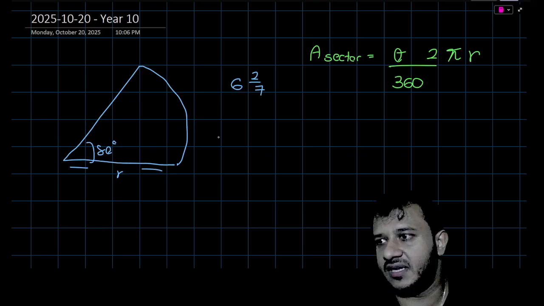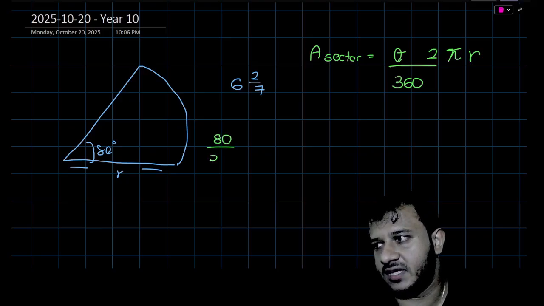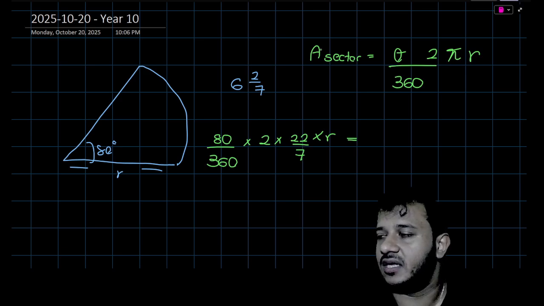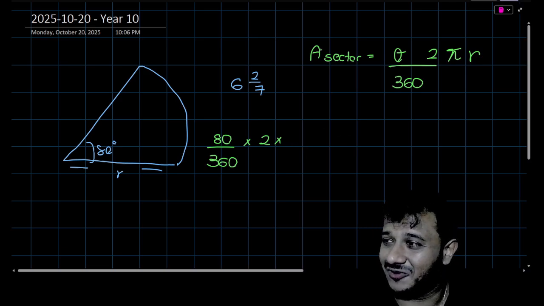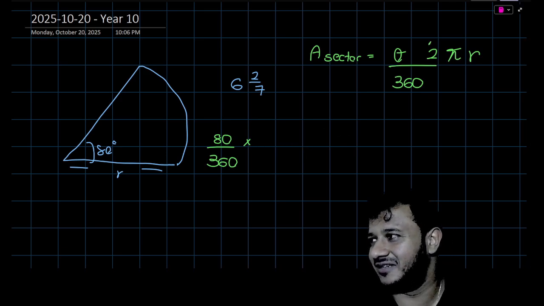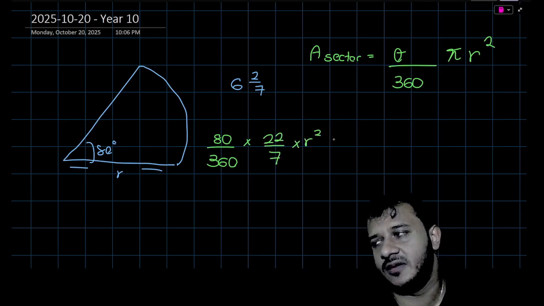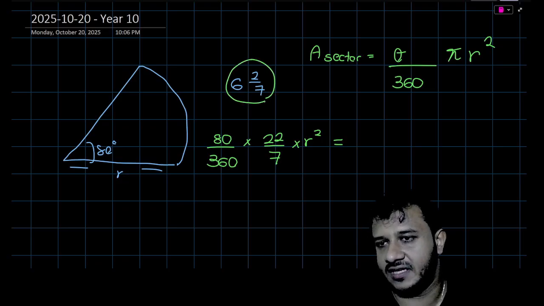So central angle is 80 over 360 multiplied by 2 times pi, which is 22 over 7, times radius. Sorry, my mistake, not 2 pi r, it's pi r squared. So 22 over 7 and r squared is equal to how much? The area which is given here.